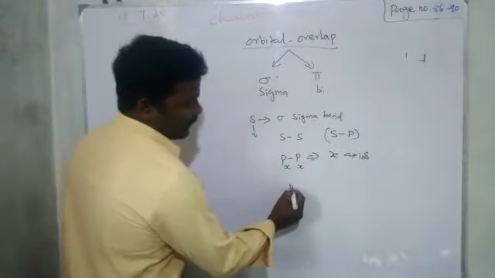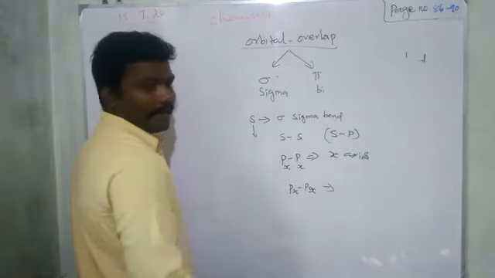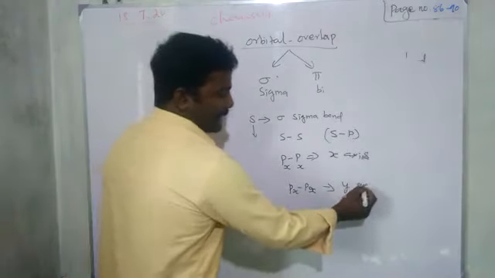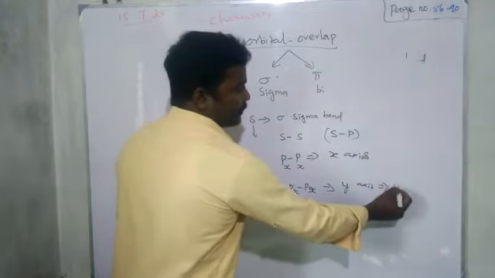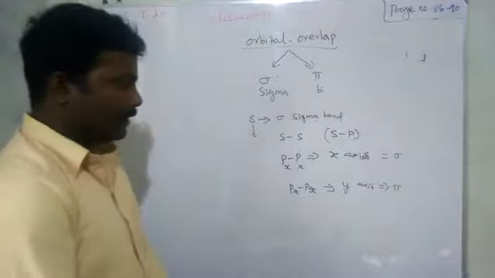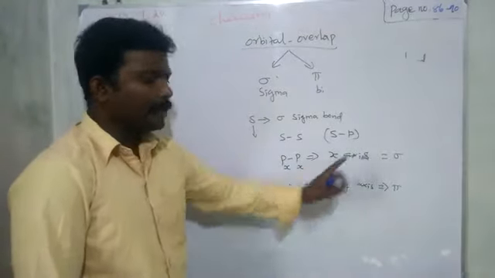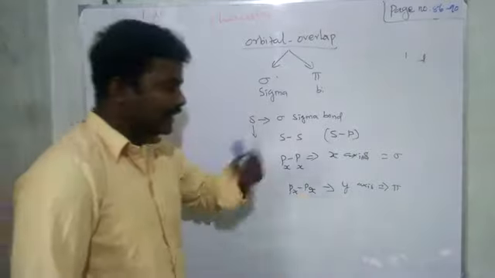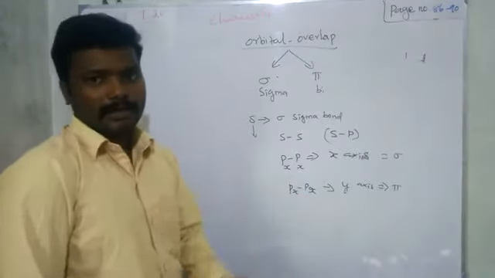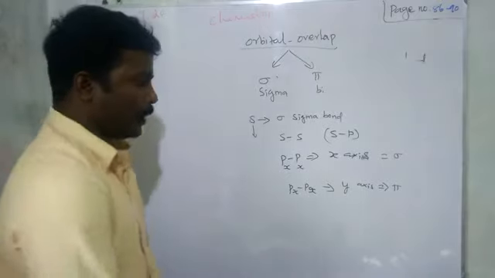Suppose px orbitals undergo the overlap in the y-axis, it will produce pi bond. Are you able to follow? When the orbitals overlap in the same axis, it will produce a sigma bond. When overlap takes place in a different axis other than the molecular axis, it will produce pi bond, right?